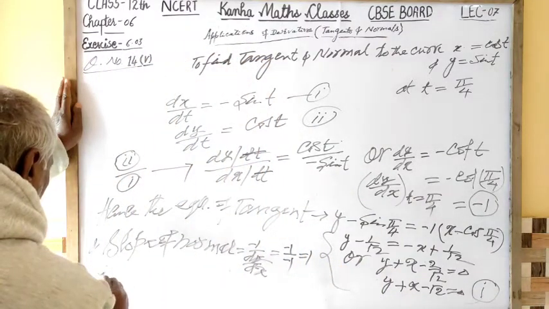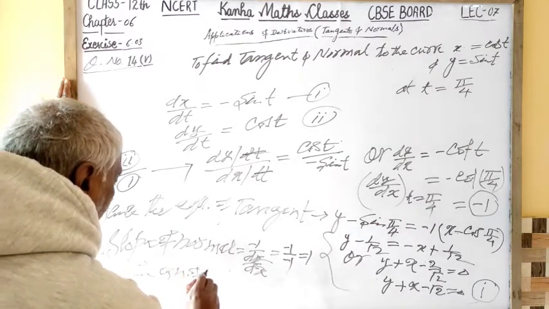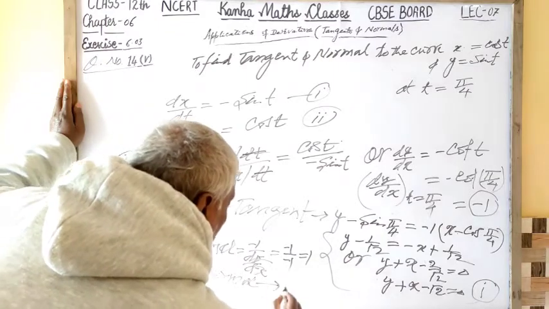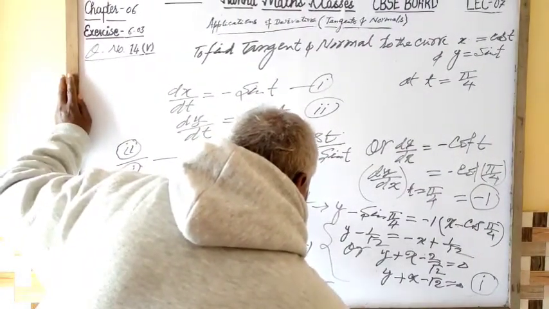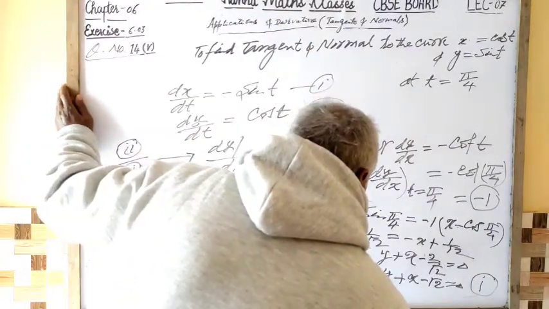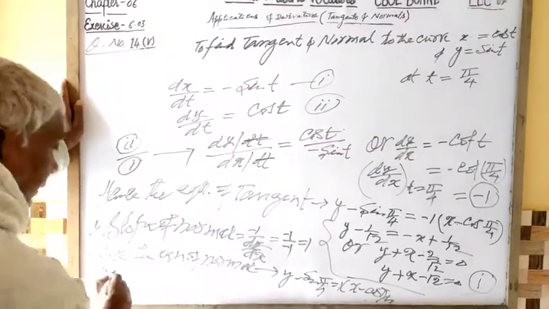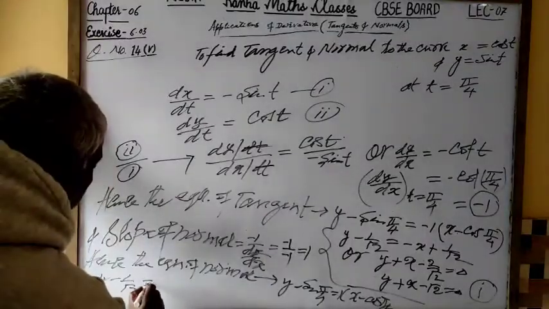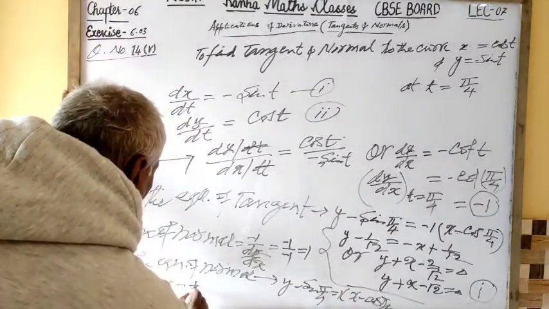Hence the equation of normal is y minus y1, sin pi by 4, equal to 1 times (x minus x1), cos pi by 4, or y minus 1 upon root 2 is equal to x minus 1 by root 2.